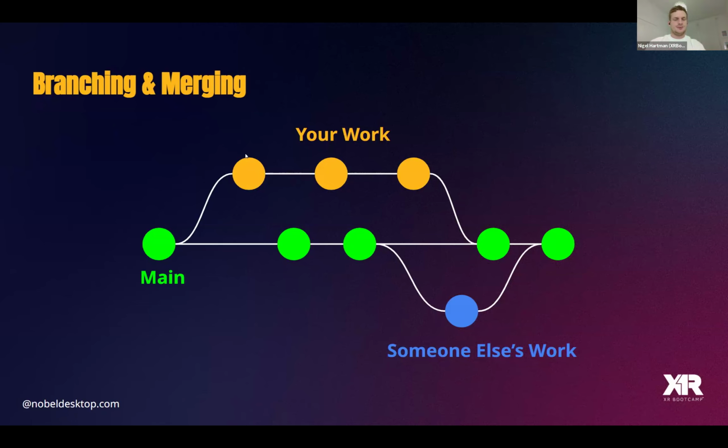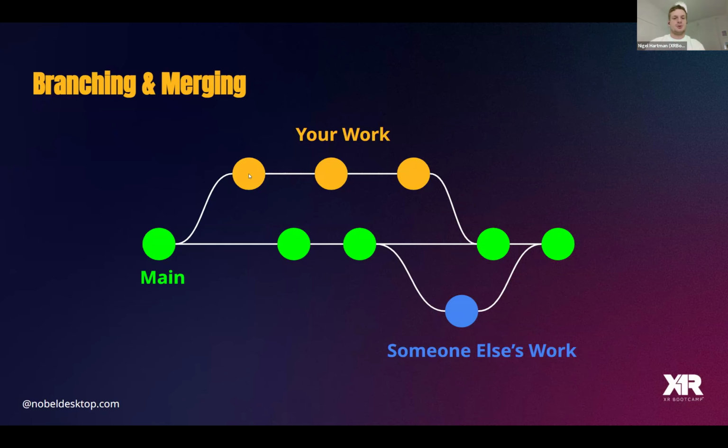And when you work on it in this branch with multiple small changes, at some point you want to go back and bring your work into the main branch, which will be the running application your team is working on.